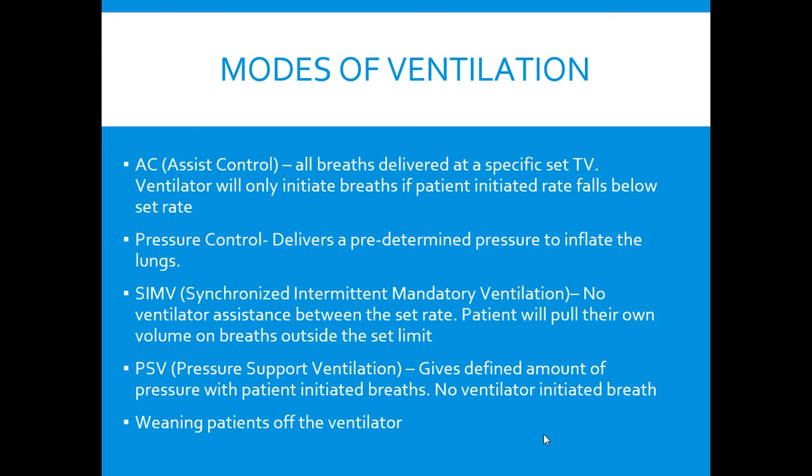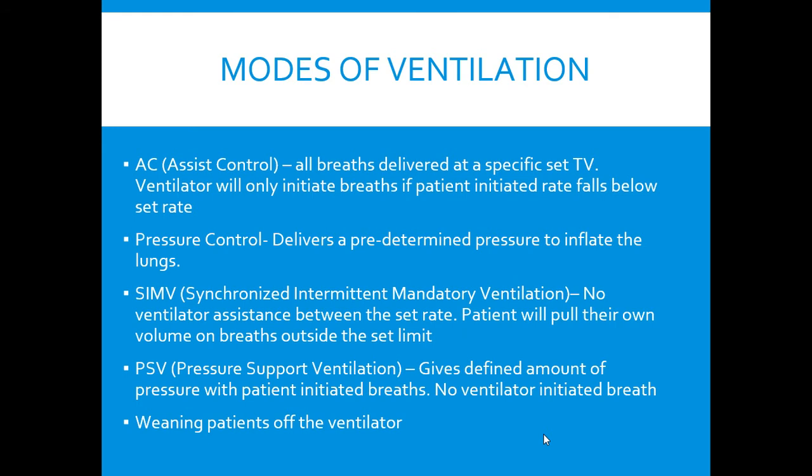SIMV, or synchronized intermittent mandatory ventilation, is our weaning mode. Important to know that SIMV is our weaning mode. We're getting them off of the ventilator. In this mode, there's no ventilator assistance between the set respiratory rate. So patients will pull their own volume on the breath outside that set limit. The patient is in control of the respirations and taking control of the ventilator.